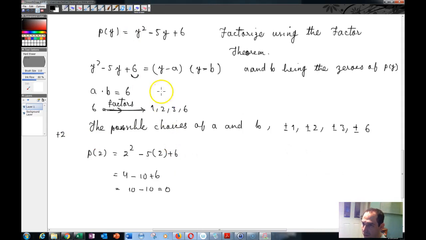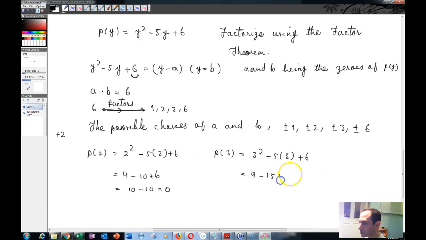And then the other number that you can try is probably, now of course you're probably not going to have the same 2 over here. So I'm going to go with, for example, a 3 over here. So for example, P of 3 is equal to 3 squared minus 5 times 3 plus 6, and that's equal to 9 minus 15 plus 6, which is 15 minus 15, which is equal to 0.